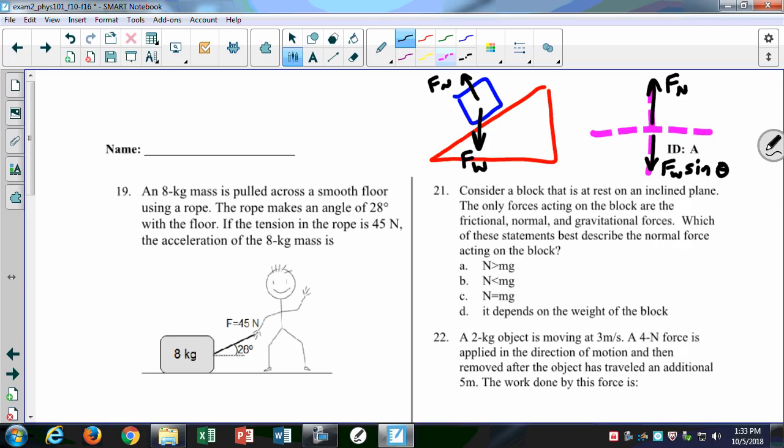No. The normal force is equal to the force weight times a function of theta. So if this is a big number, and you multiply it times a fraction, then this is going to be less than a big number.